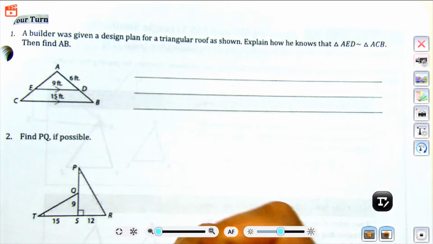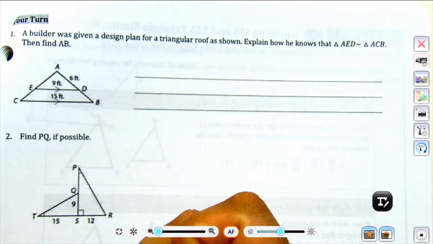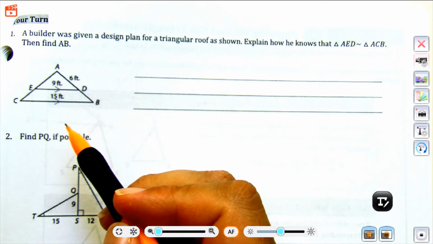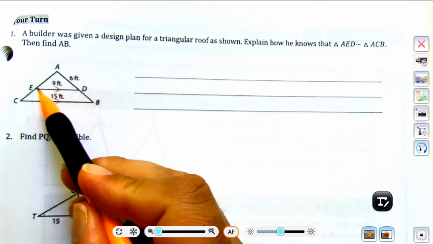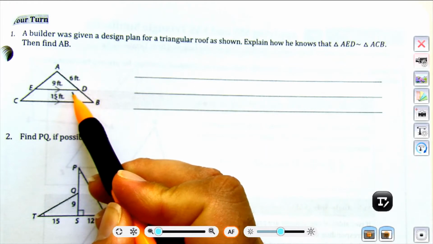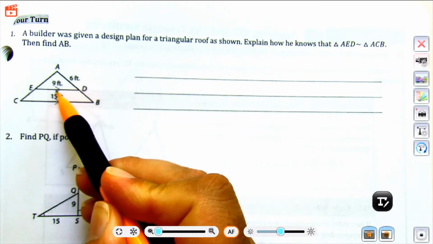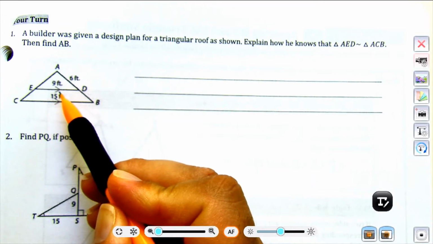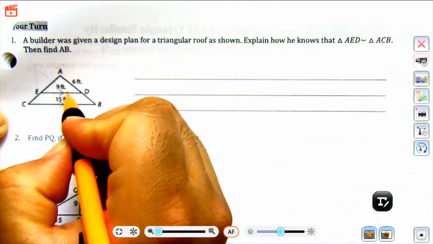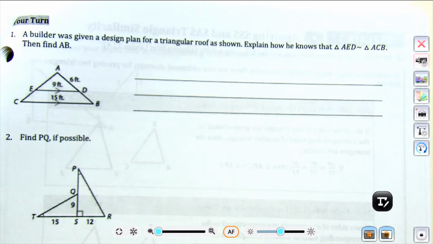Now we know that we have parallel lines right here, and that's a good hint that we're going to have some congruent angles. Parallel lines have corresponding angles. So let me do a drawing on the side.